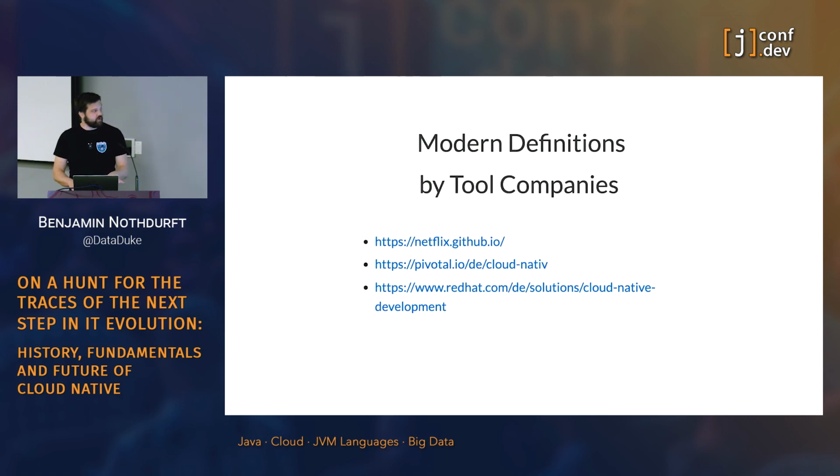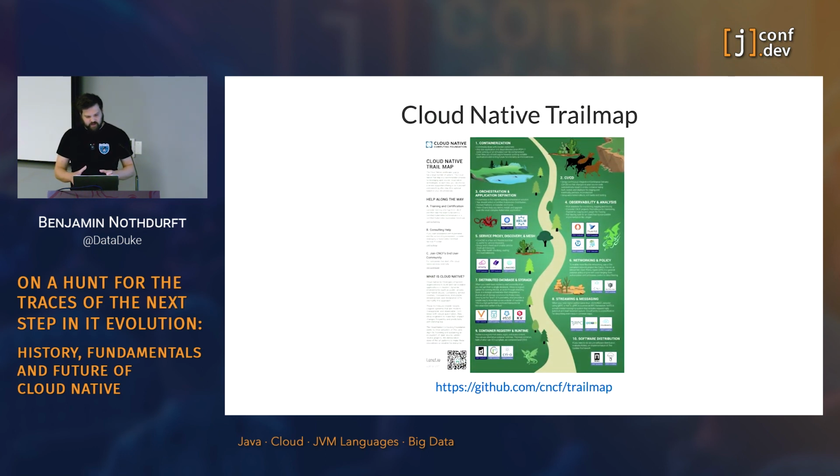There are a few more derived definitions from Netflix, Pivotal, and also Red Hat. When you are starting out, there are different things you can do. If you have a greenfield or brownfield that makes it viable to start directly with this modeling approach, then it's cool.